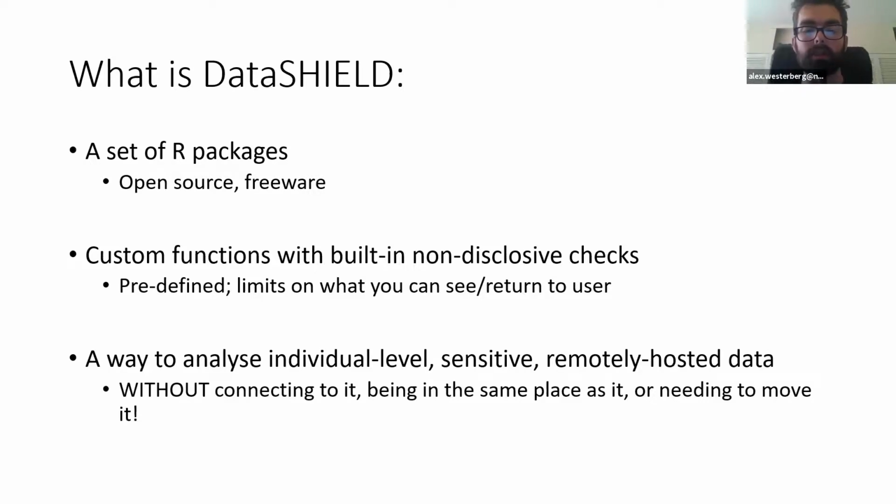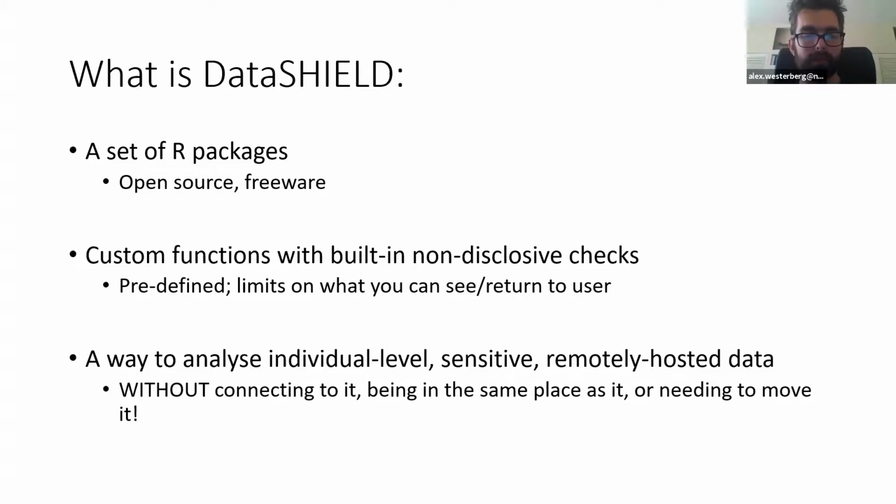So that's done for you, and so it can be relied upon to be privacy preserving. You'll see in a second, I've got an animated slide of how these things move about and what things happen where. And its main usage is for analysis of individual level data. So that's its USP, if you like.